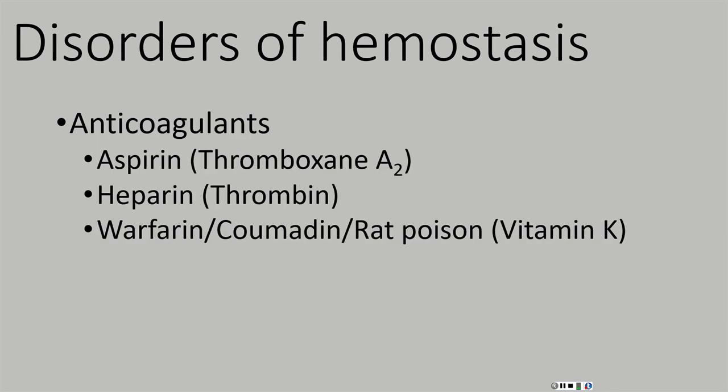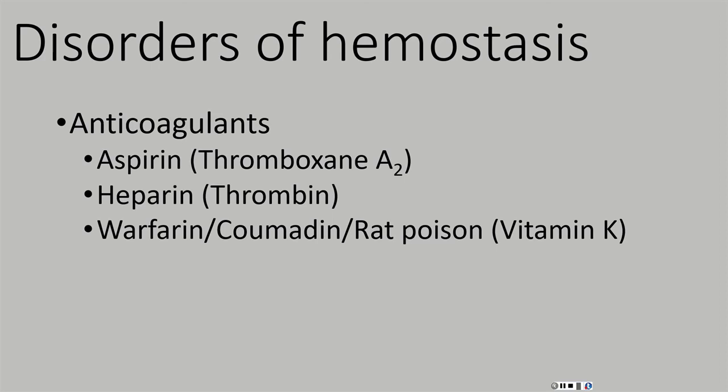So to prevent that, there's classes of drugs called anticoagulants. Anticoagulants prevent blood from clotting when we don't want it to happen. One common anticoagulant is aspirin. And aspirin prevents thromboxane A2.